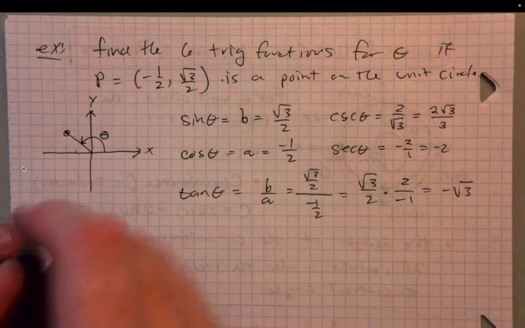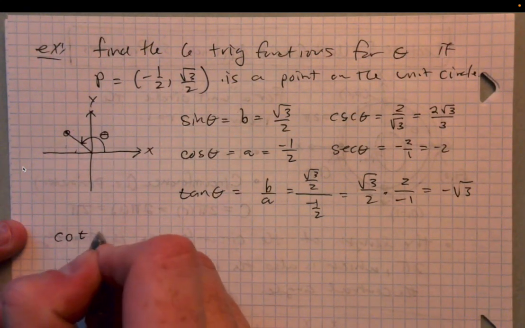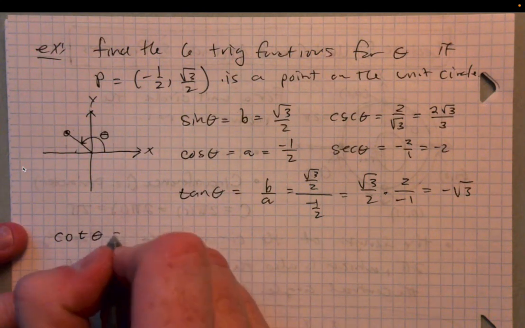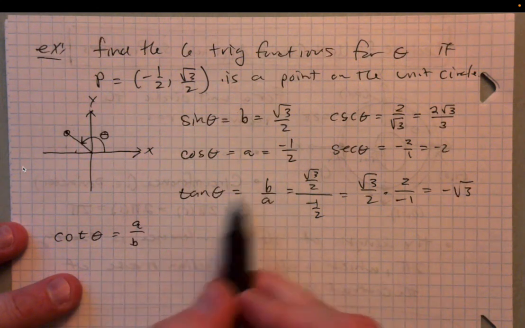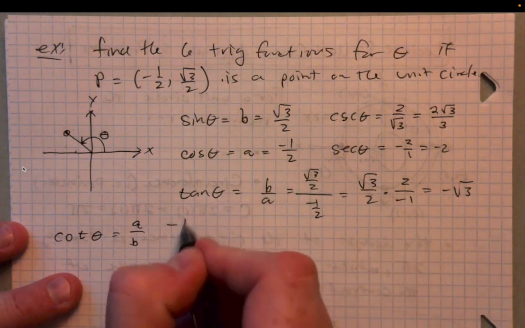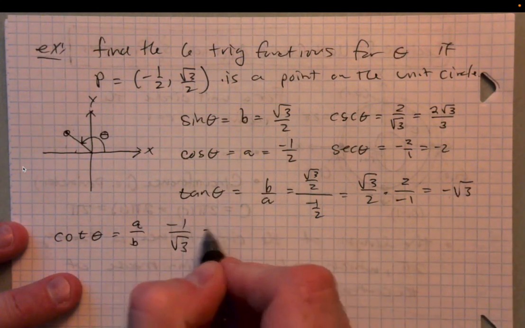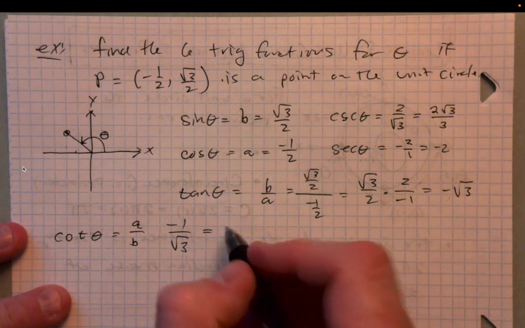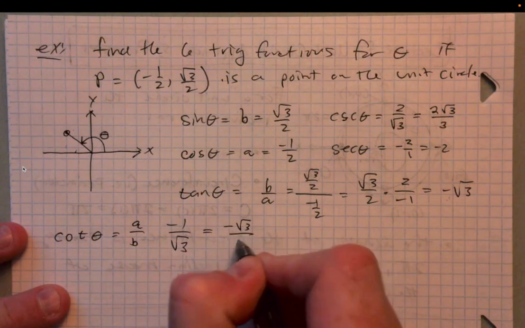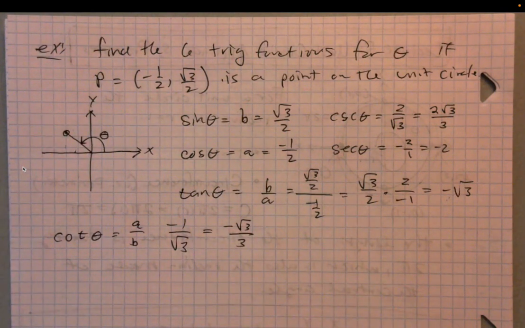Okay. So the only one that we have left to do is the cotangent, and that's really just a over b, which is the flip of tangent. So you could think of it like -1 over the square root of 3. Right? If tangent is this, then the cotangent is the reciprocal. So it'll be negative square root of 3 over 3 in the end.